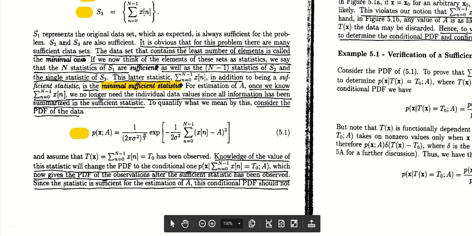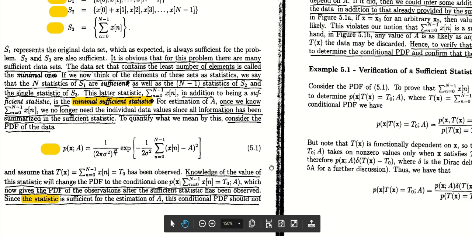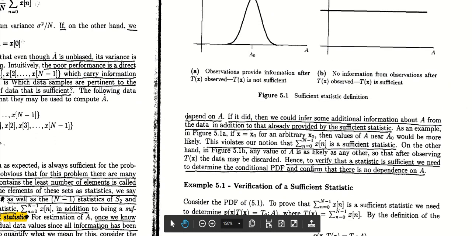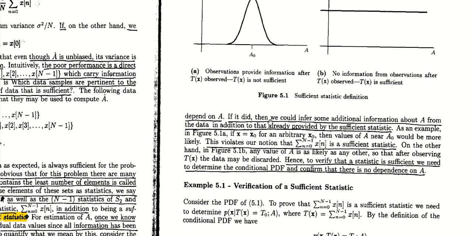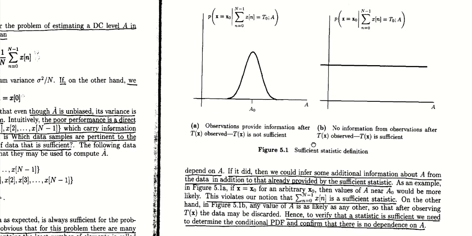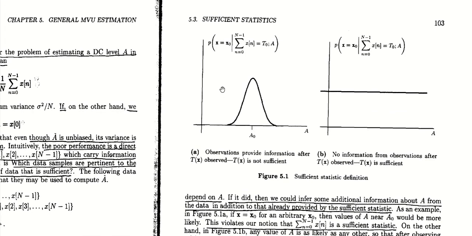If the statistic is sufficient for the estimation of A, this conditional PDF should not depend on A. If it did, then we could infer some additional information about A from the data, in addition to that already provided by the statistic.